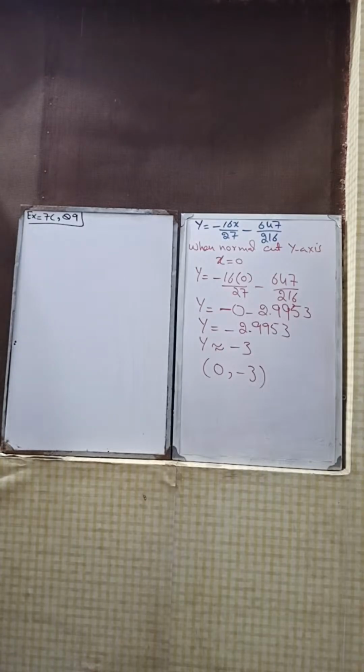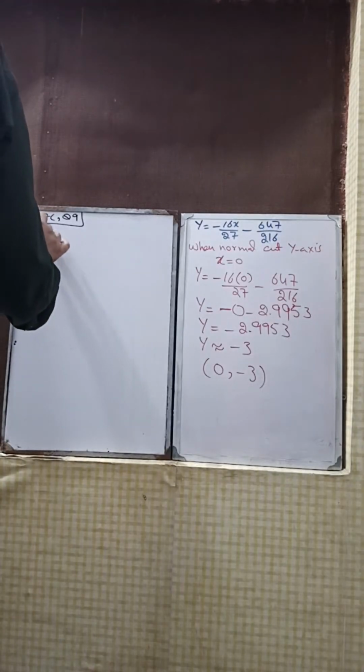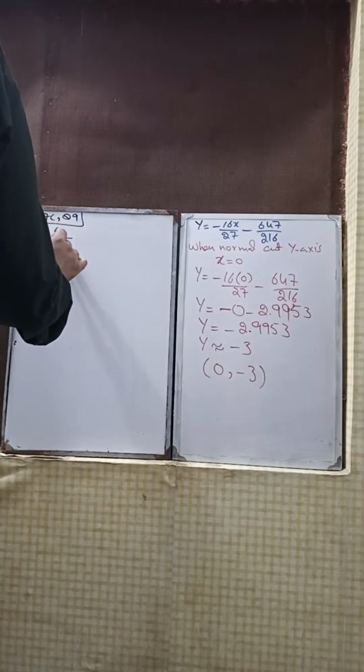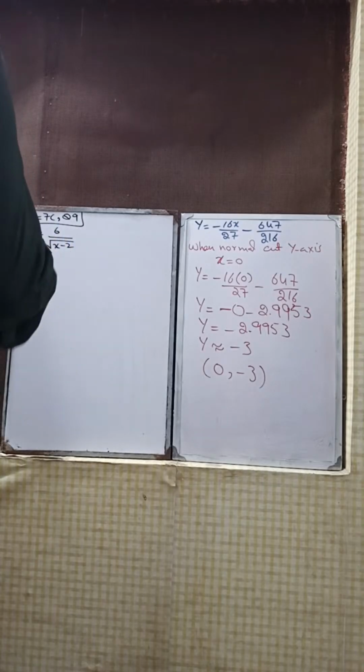The normal to the curve. Here a curve is given, y is equal to 6 divided by the square root of x minus 2.